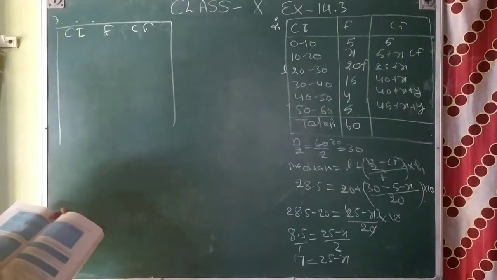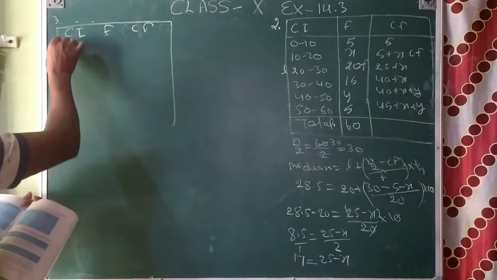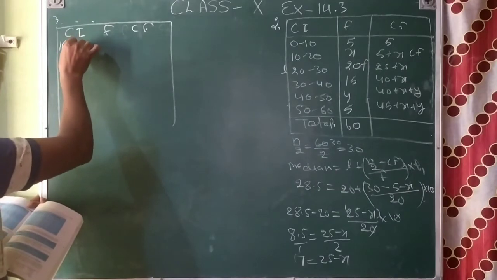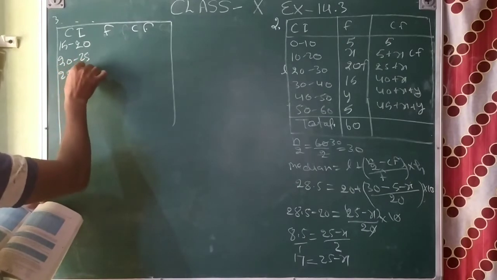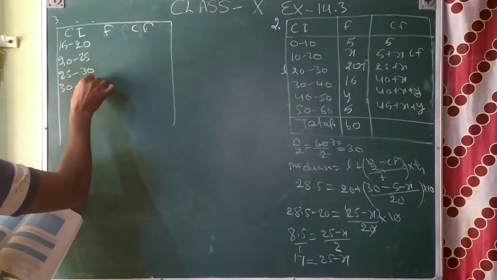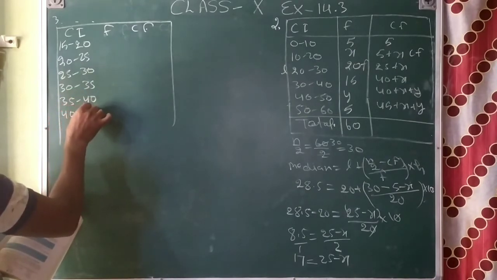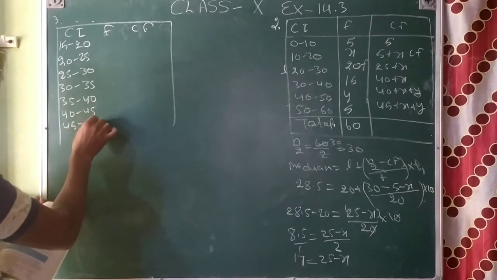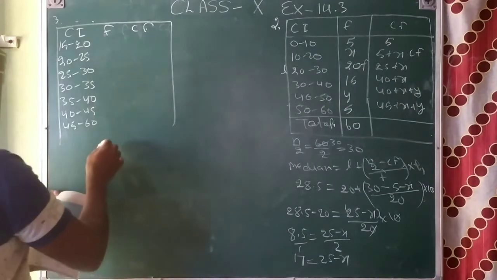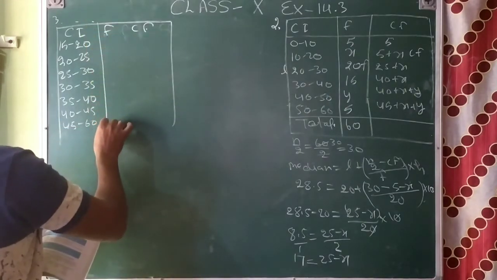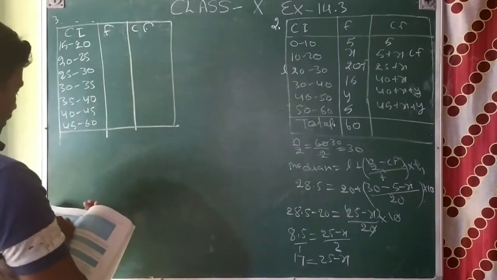So below 20, and the difference you are looking at, 25 minus 25, so that will be 15 to 20, 20 to 25, 25 to 30, 30 to 35, 35 to 40, 40 to 45, 45 to 60, 60 to only up to 60, and then you are looking at the number of policy holders.